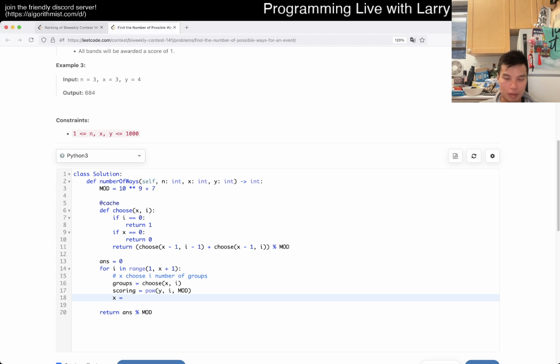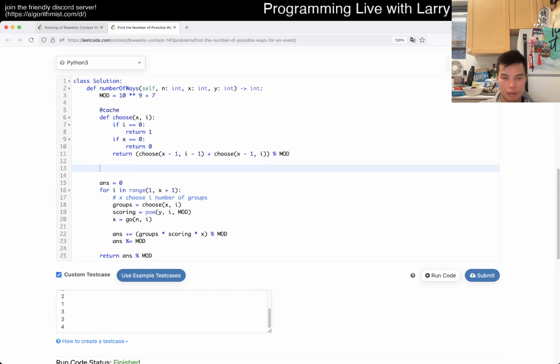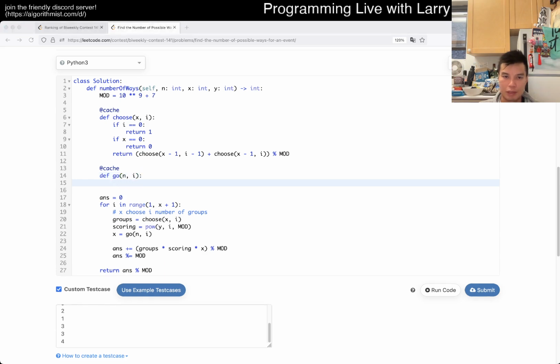So now we have n people into I groups. Right, and then the other number should be... I don't know why I use a small n, but it is how I'm doing it this time.